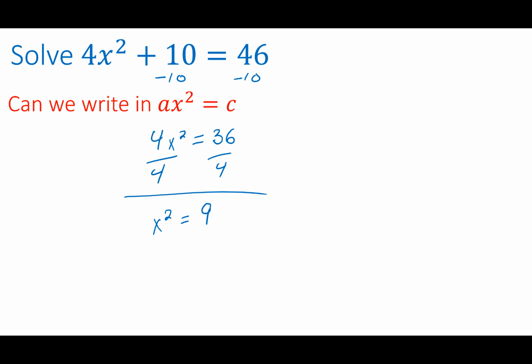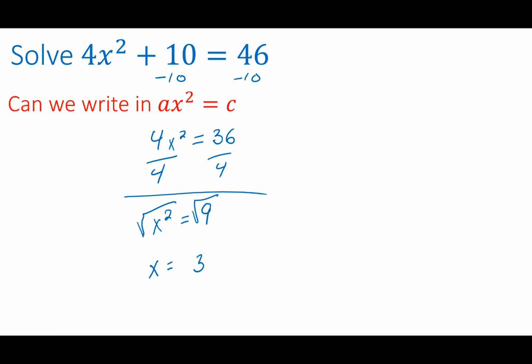And I'm solving using square roots. So that means if I take the square root of what I have here on the left, that leaves me with x, which is what I want. I'm trying to solve for x. But now I take the square root of this side and I get 3.